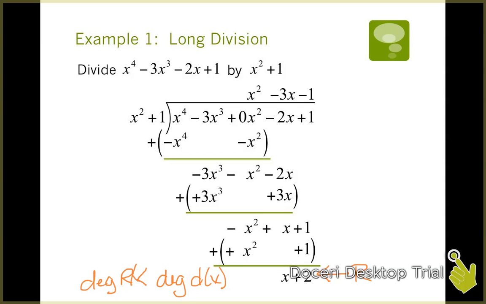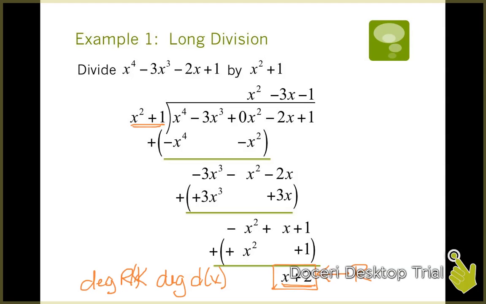We should call this r of x. Okay? So since my divisor was an x squared, but my remainder here is just an x, that's how I know that I can't go any further, and x plus 2 is going to be my remainder.